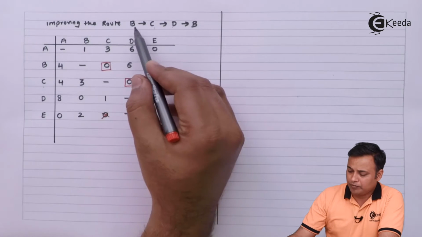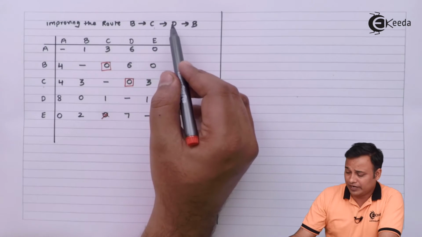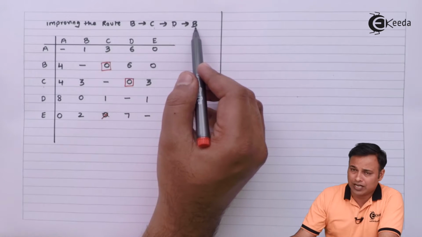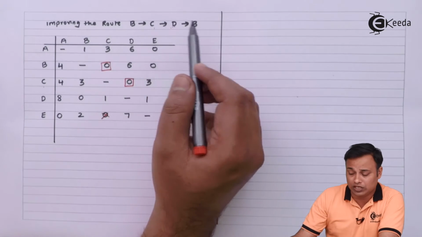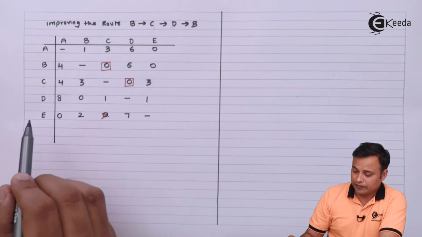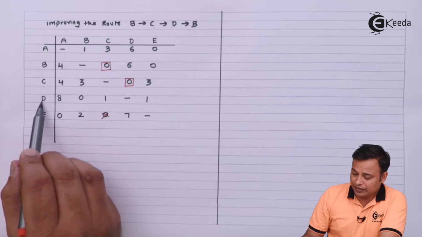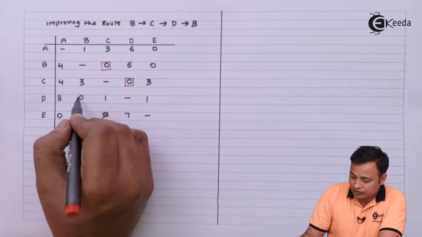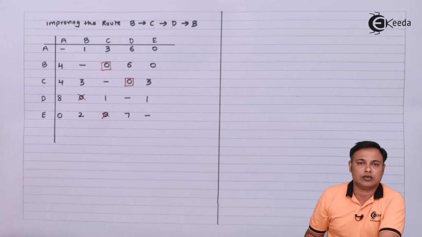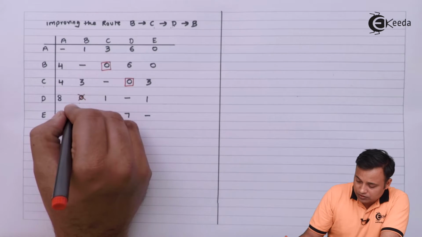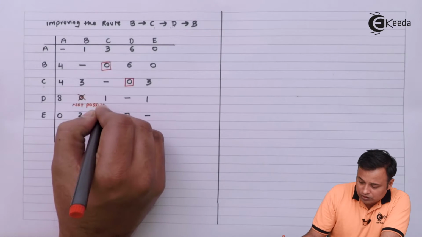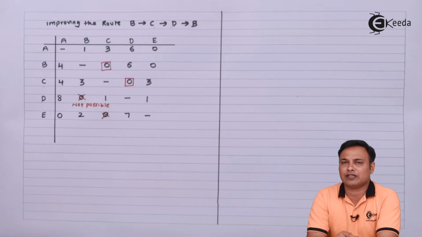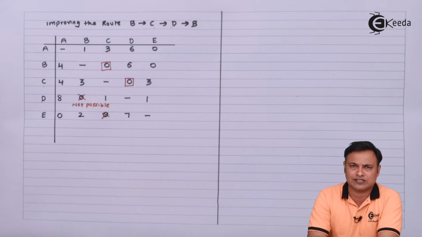मैंने B से C, C से D और D to B की जगह पर मुझे कवर करना होगा D to A और D to E। अब देखिए, हम लोग जा रहे थे D to B, which is not possible. This is not possible because it won't satisfy the condition of covering all the cities.